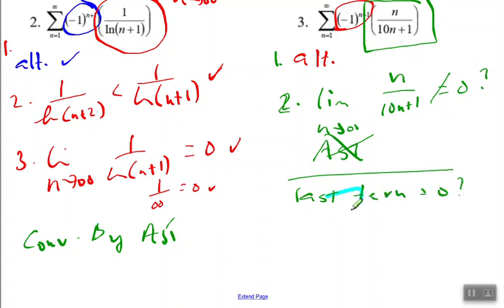No, it is not. Whenever that last term doesn't equal 0, at the end we have 1/10 or negative 1/10, so we keep adding and subtracting those. We know that it doesn't converge. Even if it's alternating, it doesn't converge. So whenever the last term is not 0, it's going to diverge by the test for divergence.